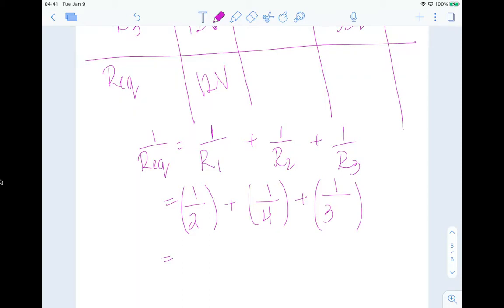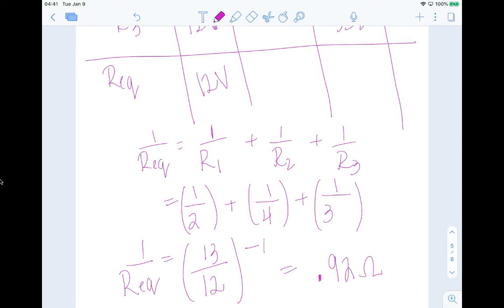So we have 1/2 plus 1/4 plus 1/3 is equal to 13 over 12 as 1 over Req. Again, we want to make sure that we are taking the inverse of this value. And we end up with an answer of 0.92 ohms.